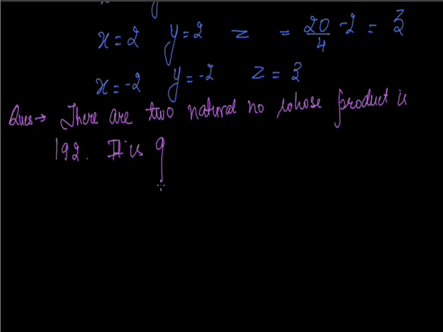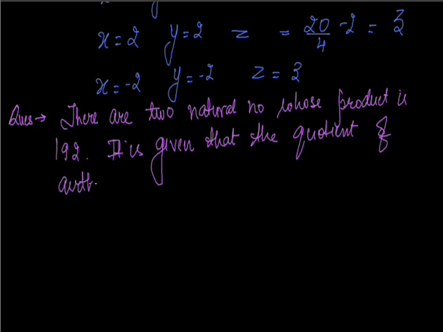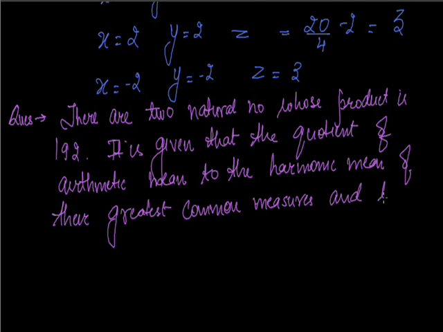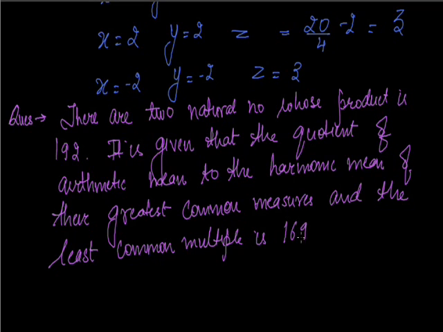It is given that the quotient of the arithmetic mean to the harmonic mean of their greatest common measure, that is HCF, and the least common multiple, that is LCM, is 169 upon 48. Find the numbers.